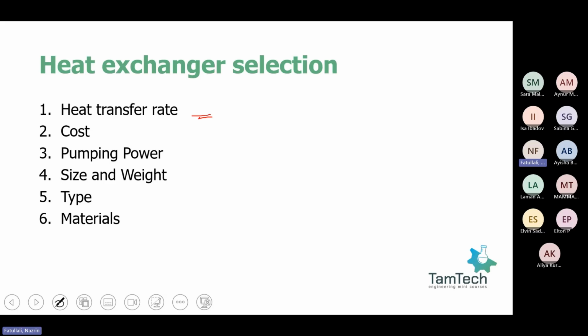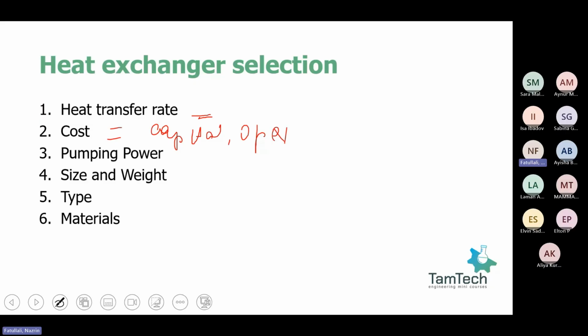For example, if we are working offshore, as you know, there is limited space availability. That's why choosing the appropriate heat exchanger based on its heat transfer rate will affect our choice and also our process in the end. Of course, cost: we have both capital cost and operational cost, capex and opex.